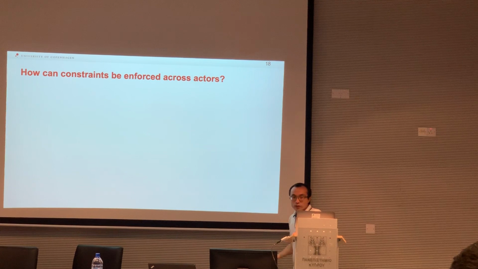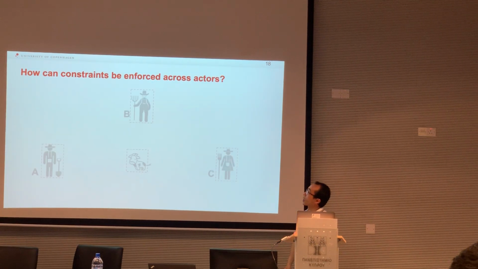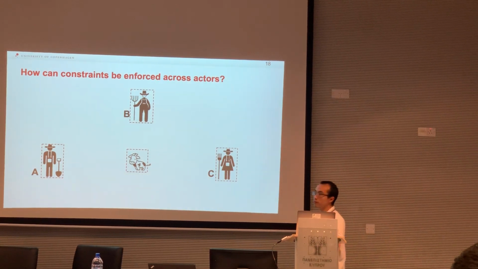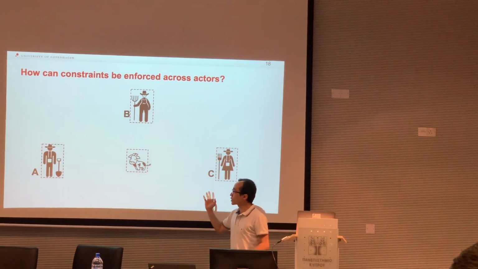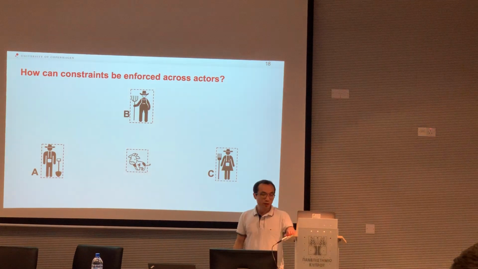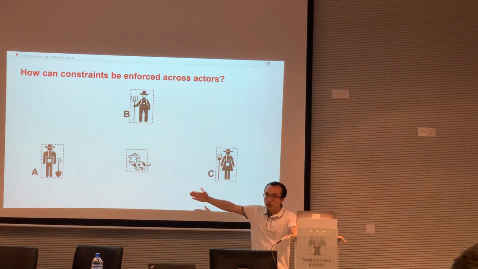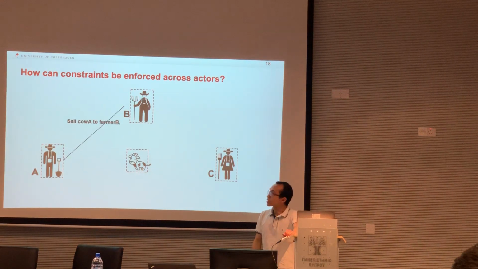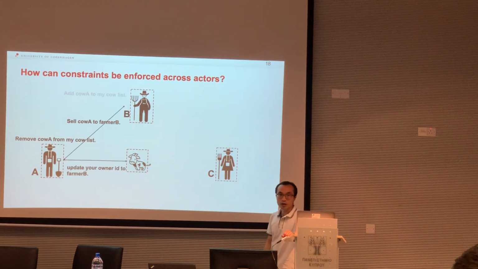Okay, so the last question that we look at is how can we enforce constraints across actors. So let's say we have multiple farmers and we have a cow. For example, if farmer A sells the cow to farmer B, there are several actions or functions that we have to run.